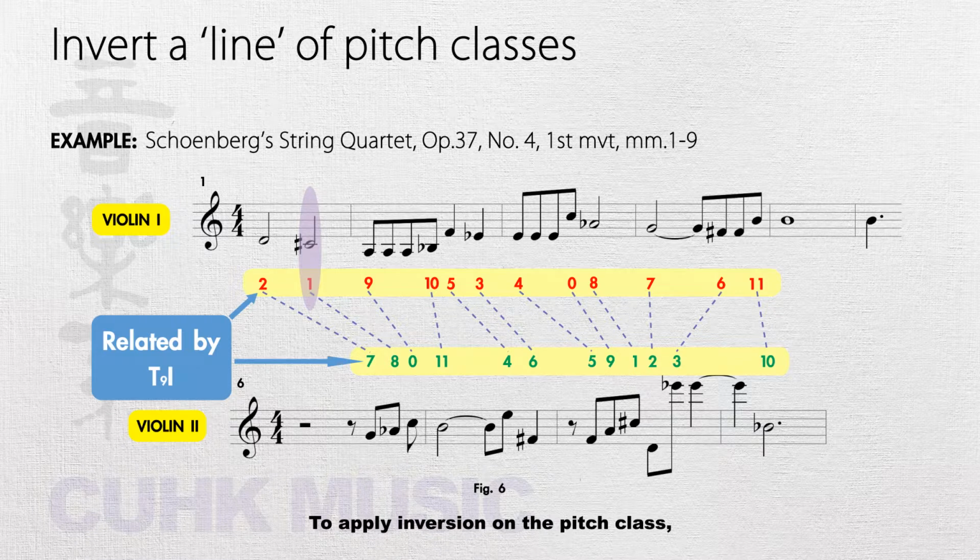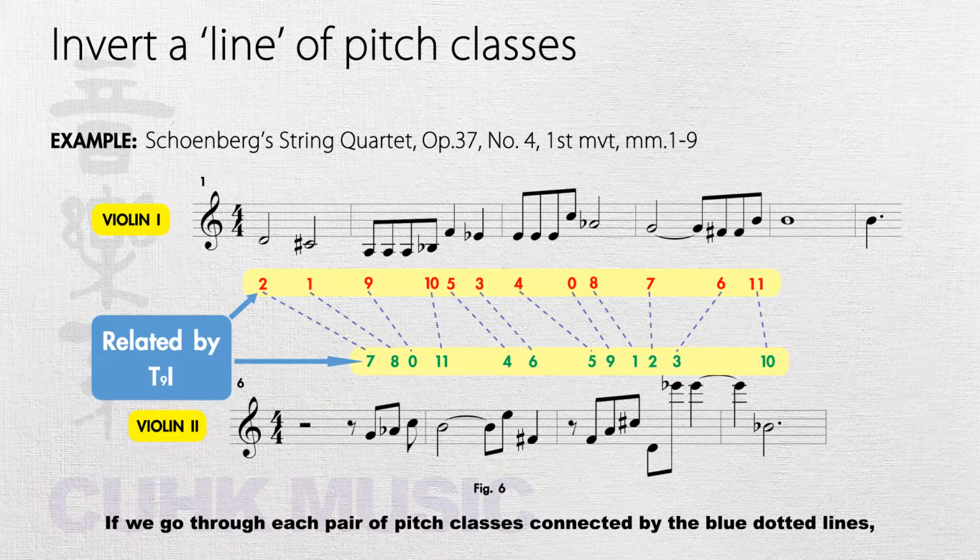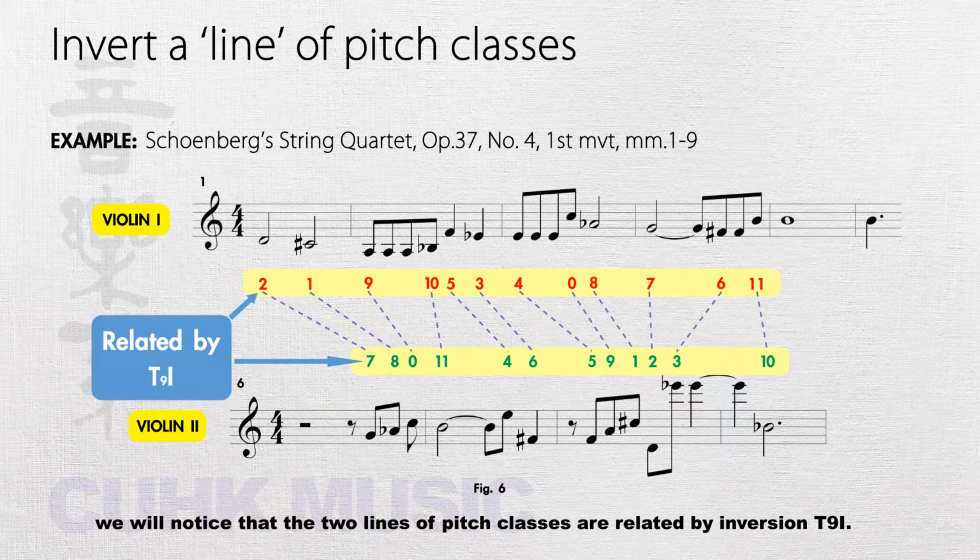To apply inversion on the pitch class, we first invert it around 0, giving us the pitch class 11, in other words B. Then it is transposed up 9 semitones, resulting in the pitch class 8, in other words A flat. If we go through each pair of pitch classes connected by the blue dotted lines, we will notice that the two lines of pitch classes are related by inversion T9I.